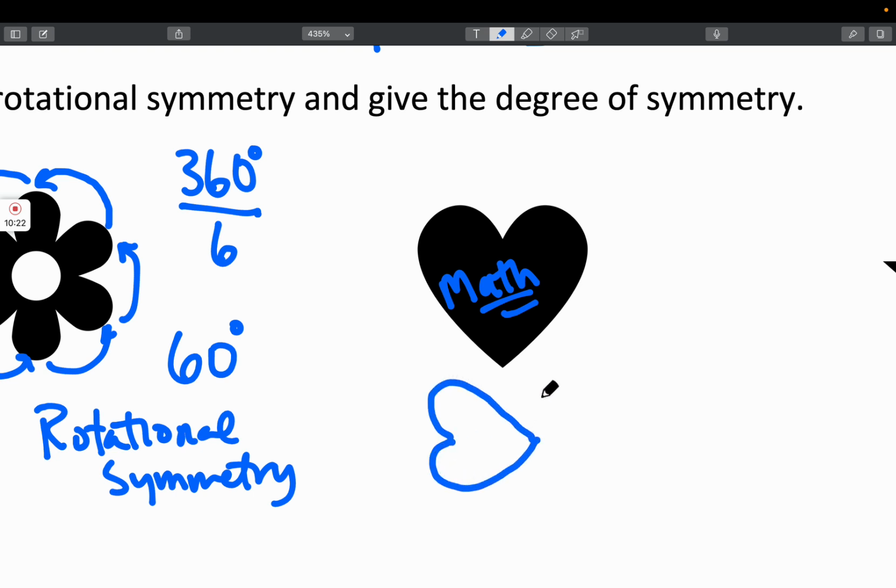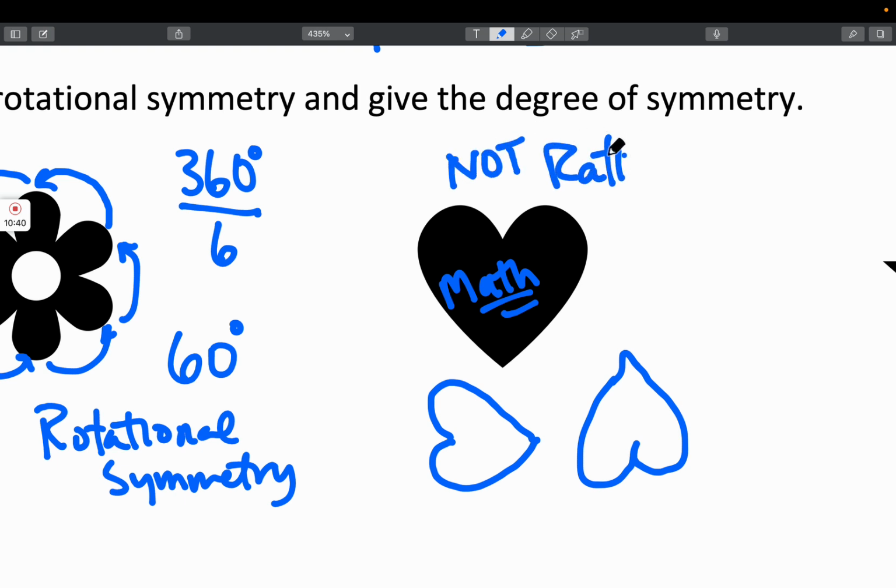Now, if we rotated it 90 degrees, that heart would look like that. That does not look the same. If we rotated it 180 degrees, it would look like, oh boy, that's not a good heart. But anyways, you get the idea. It'd be upside down. That does not look the same as that. So this is not rotationally symmetric.